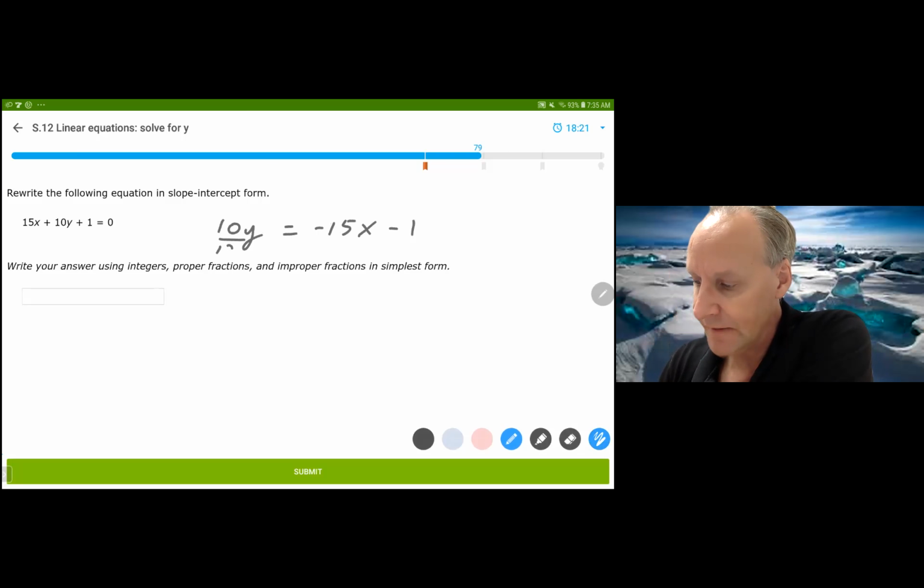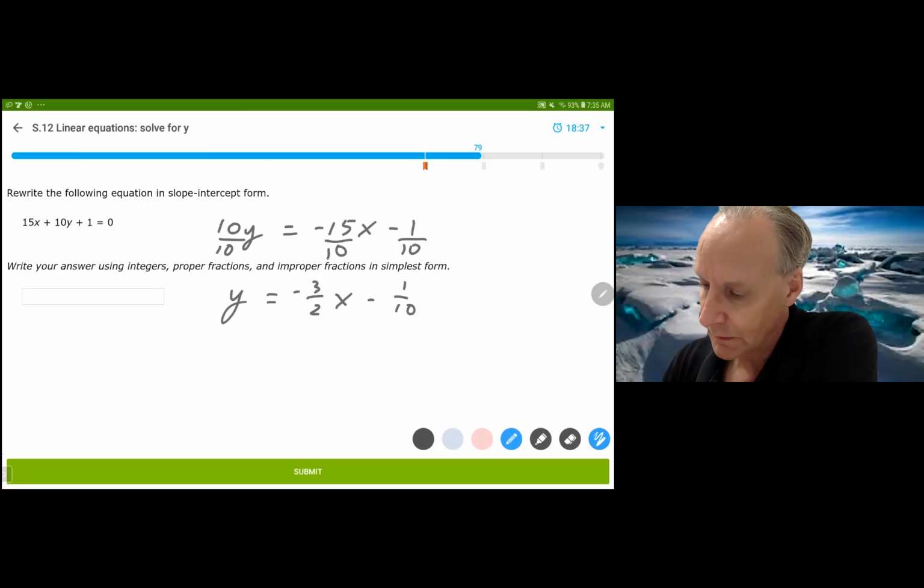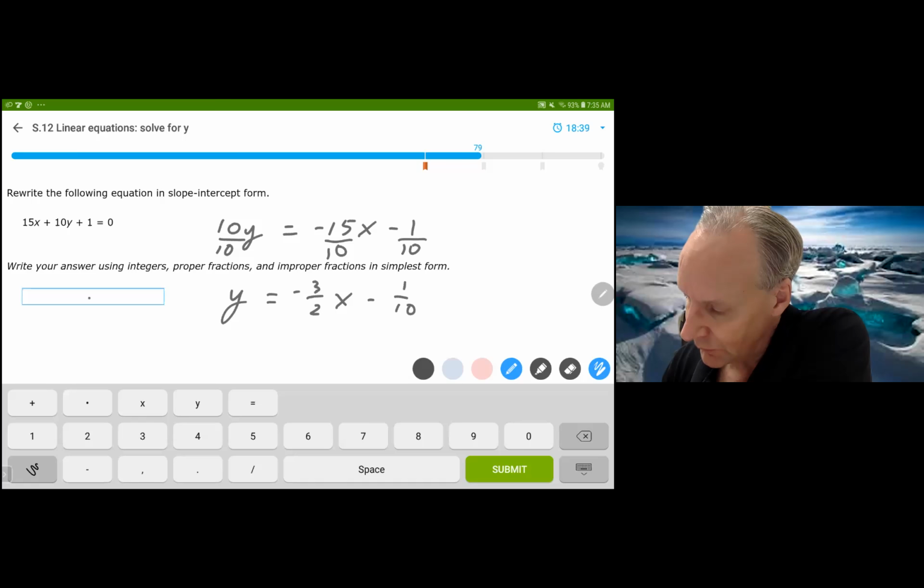Now I'm going to divide every term by 10, and y is going to equal negative 3 over 2 x, I divided by 5 in the numerator and denominator, minus 1/10. So it looks like we get y equals negative 3 over 2 x space minus 1 over 10.